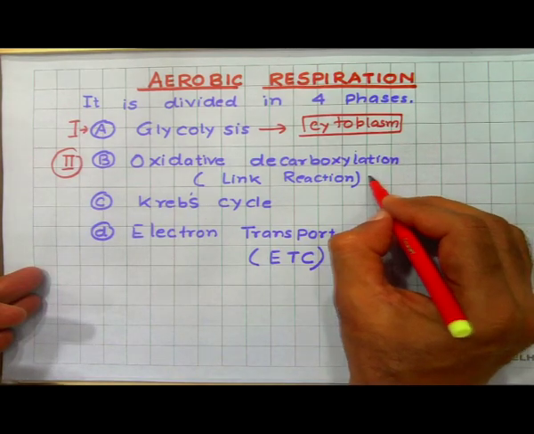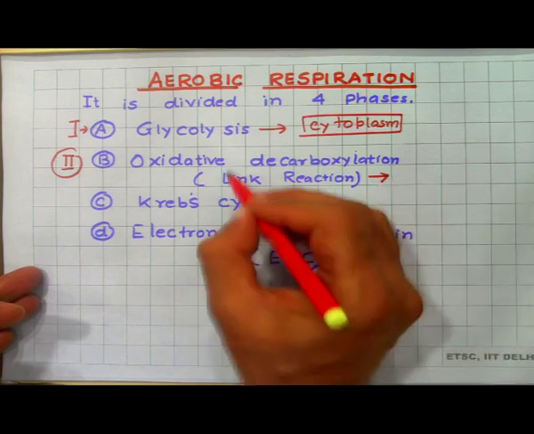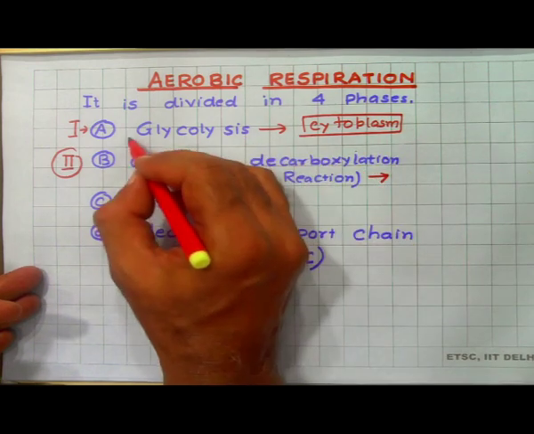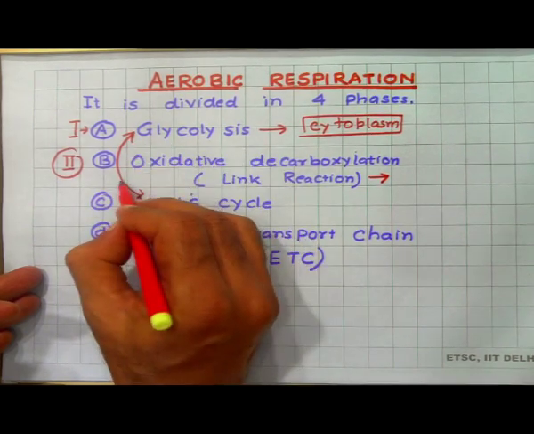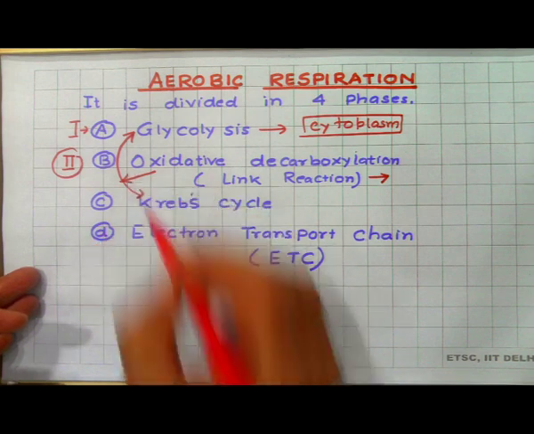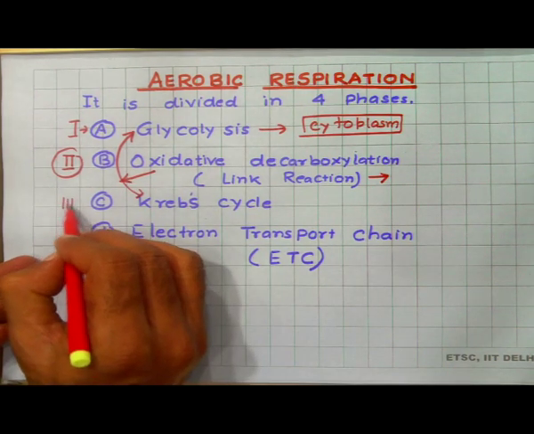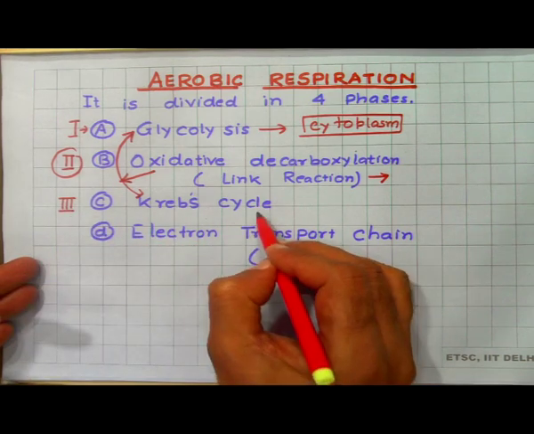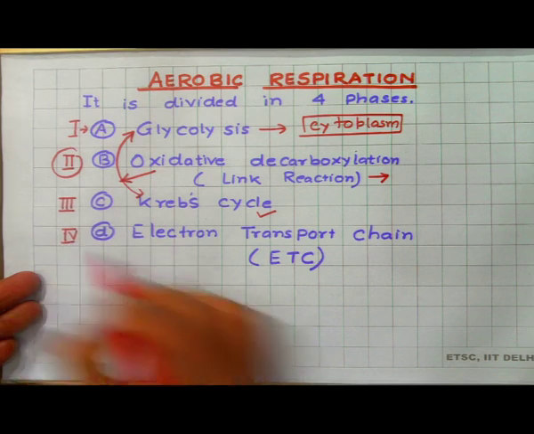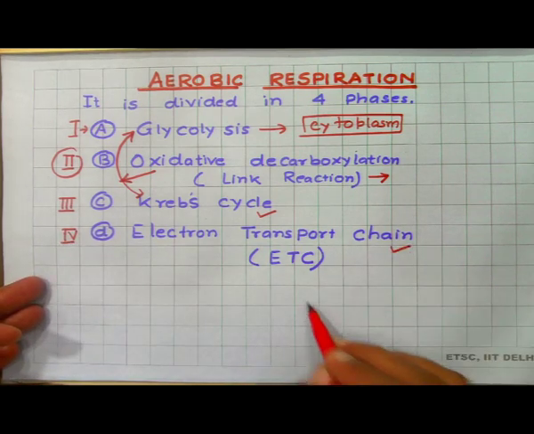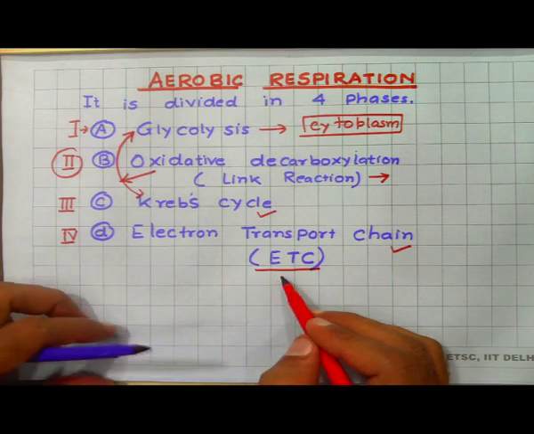It is also called link reaction, because it links the glycolysis with the Krebs cycle. And the third step is called Krebs cycle, and the fourth step is electron transport chain or ETC.